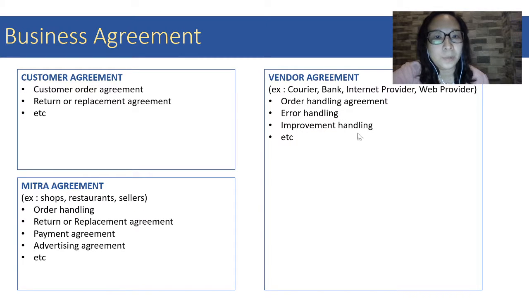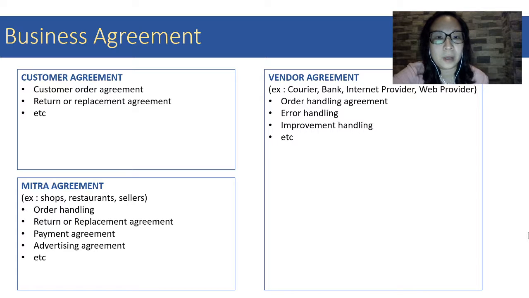And the improvement handling here is actually to explain, for example, if previously you only used a bandwidth of 100 megabyte, and now you want to upsize it, so what is the handling agreement?